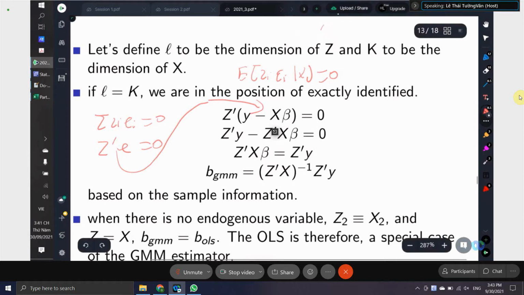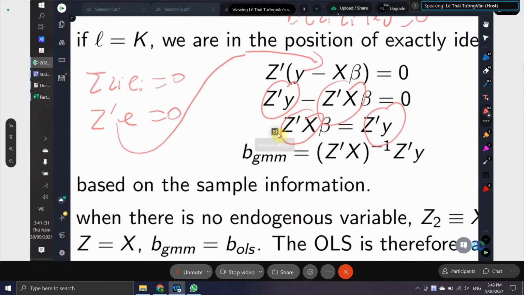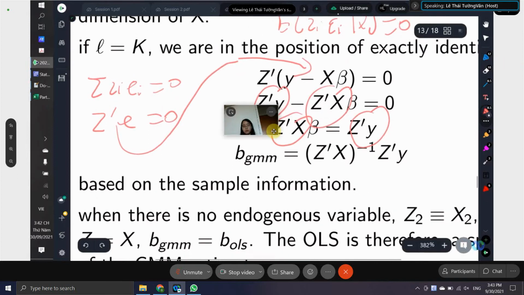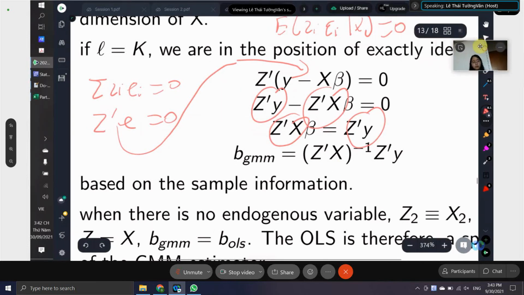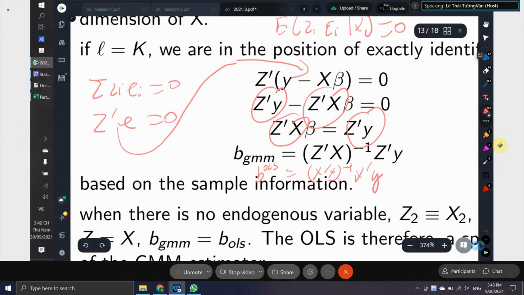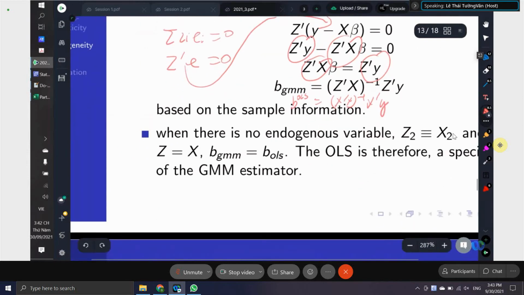Multiplying them out, you would have Z prime Y equal to Z prime X beta, and the beta estimate using the generalized method of moments is equal to (Z prime X) to the minus 1 Z prime Y. Basically, you just replace the OLS estimate, (X prime X) to the minus 1 X prime Y, so you replace the endogenous part by the instruments.